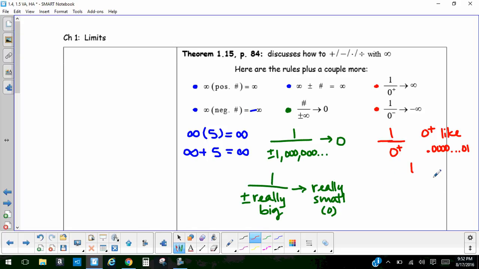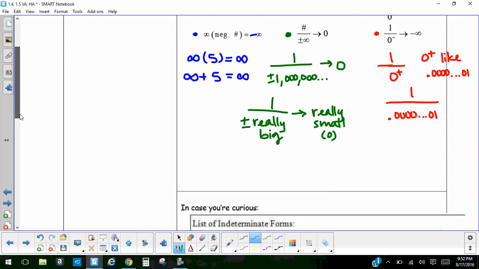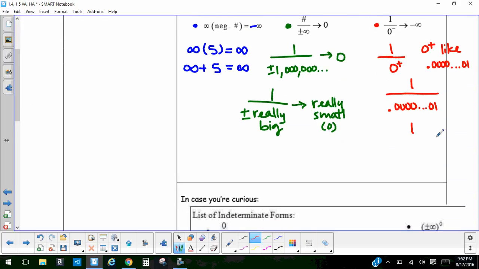So if I have 1 over 0.0000 dot, dot, dot, 0, 1, well, that being a decimal means I really have 1 over a fraction. So like 1 over 0.01 is 1 over 100th. Well, this is 1 over 1 and then a lot of zeros.